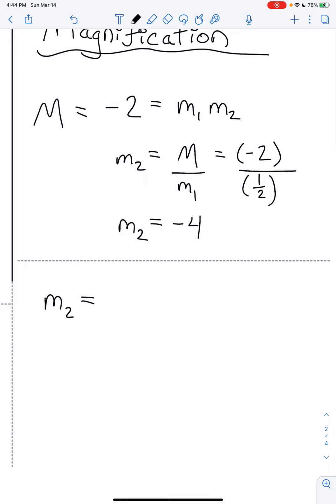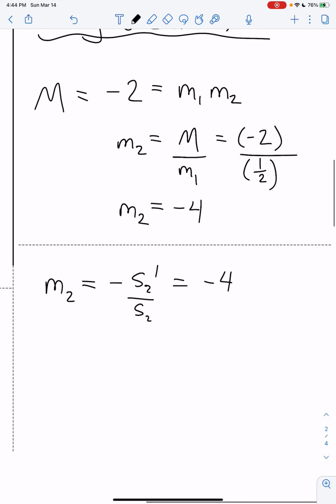M2 is equal to -S2 prime over S2. And so that all is equal to -4. And so now we know there's a relationship between S2 prime, which is equal to 4S2.